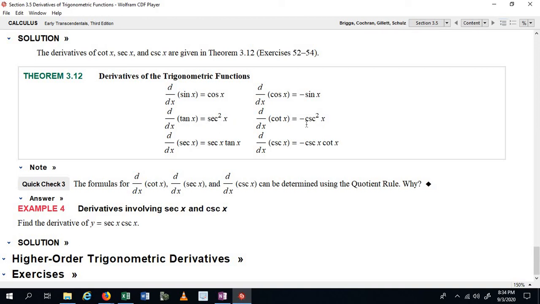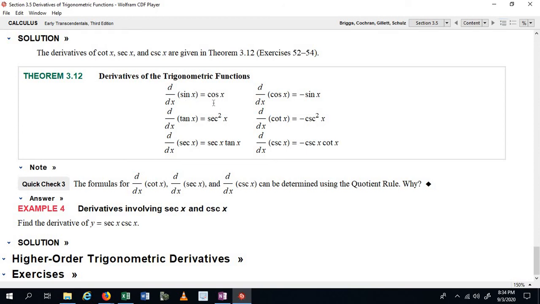Okay, so you don't get secant squared here. You get the cofunction of this, which is cosecant. And so that's why it's cosecant squared, but it has a minus sign in front of it because you're taking the derivative of a cofunction, right? Namely cotangent.